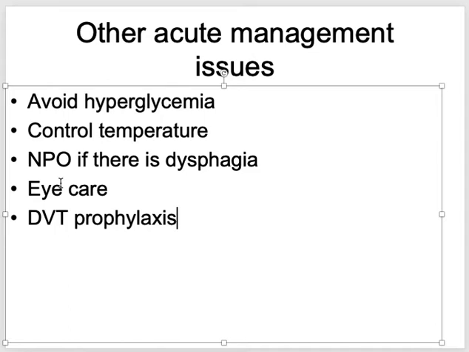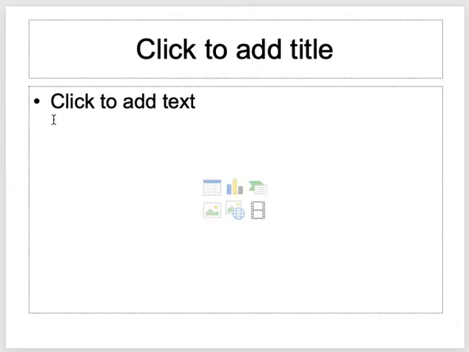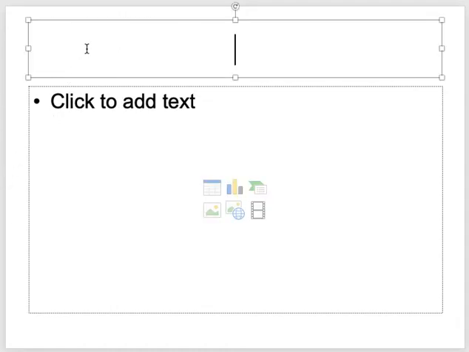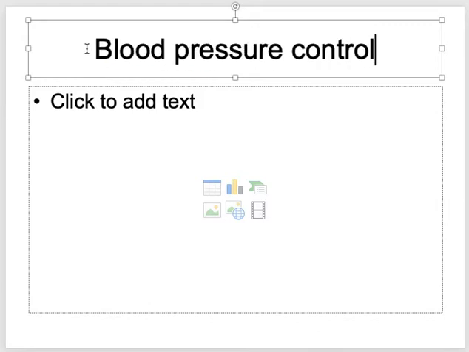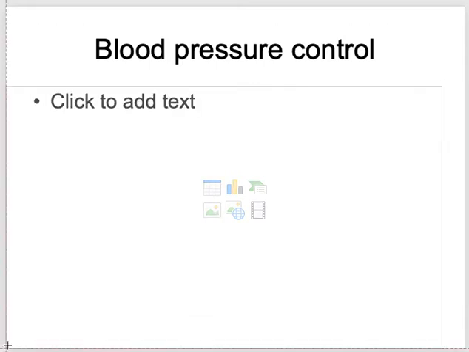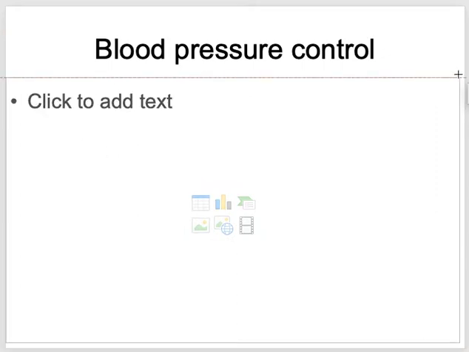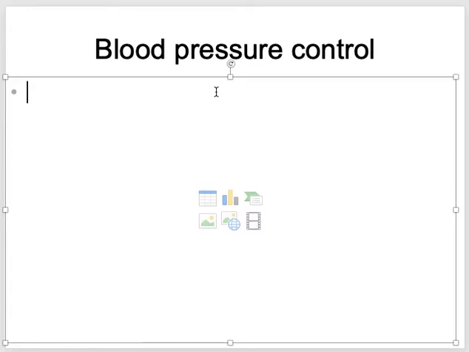Now, when it comes to hemorrhagic stroke, guys, we approach it a different way. The most important thing is blood pressure control. You cannot leave the blood pressure high because it can make the hemorrhage worse, and you cannot decrease it too fast because it can decrease cerebral perfusion.